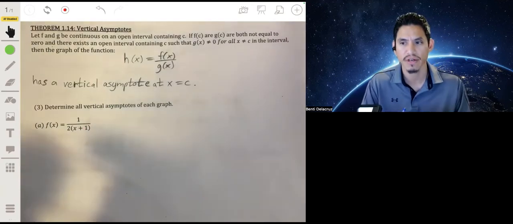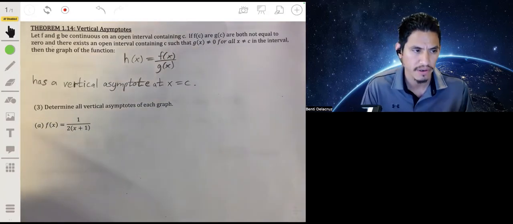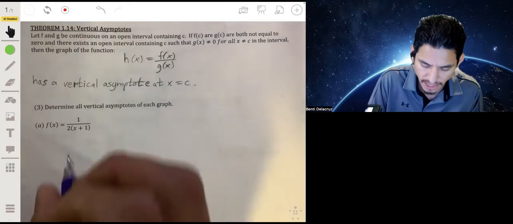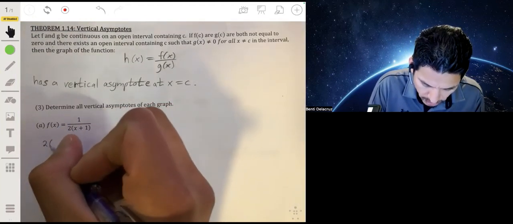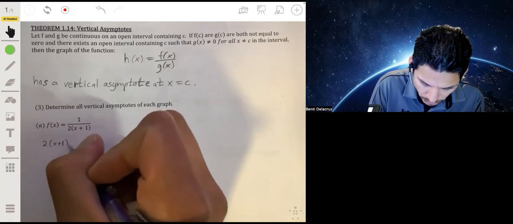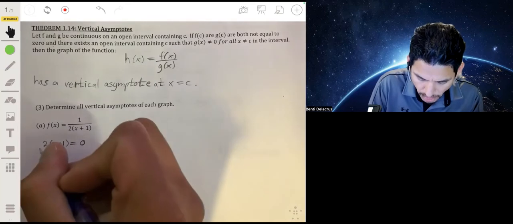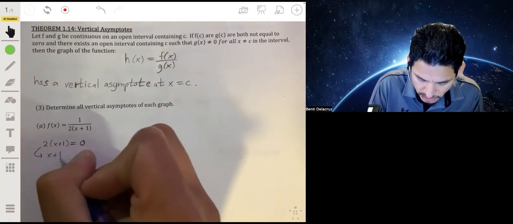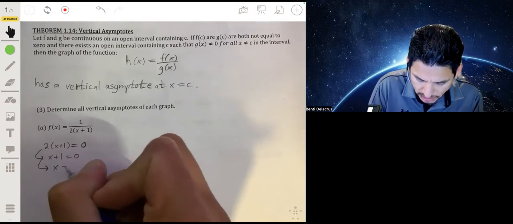Kind of just like when you were trying to figure out domains in pre-calculus, we find values where the function wouldn't be defined. So we set 2 times x plus 1 equal to 0, and that's essentially setting x plus 1 equals 0, and so that'll be when x equals -1.